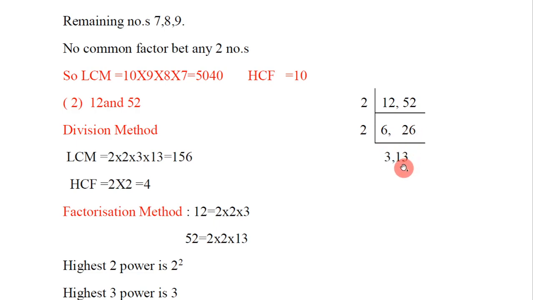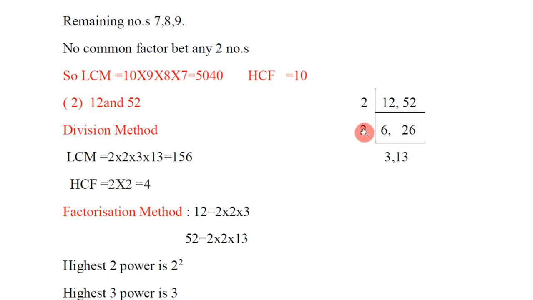Now, according to division method, LCM is the product of these divisors and these undivided numbers, all the numbers which are outside. Here 2 into 2 into 3 into 13, that is the LCM. And HCF is the highest common factor. Here 2 is common to both the numbers, so we regard it as a common factor.